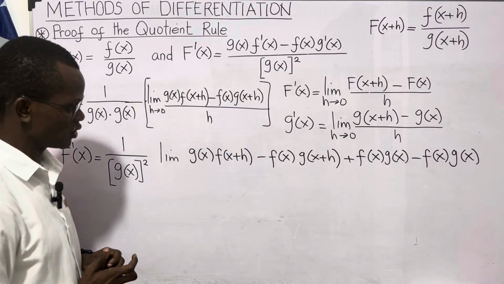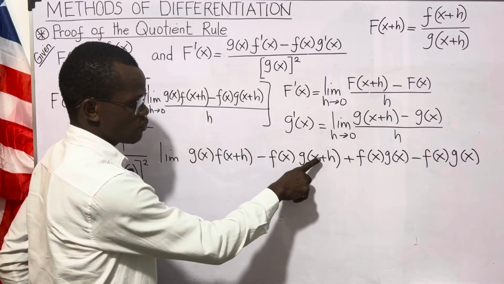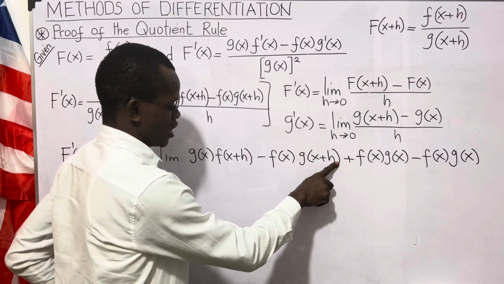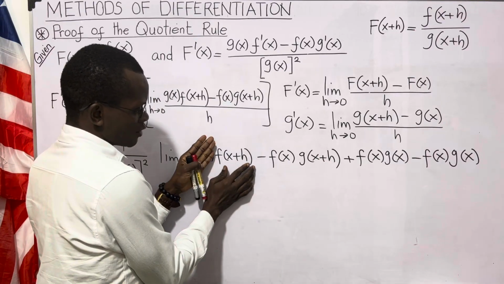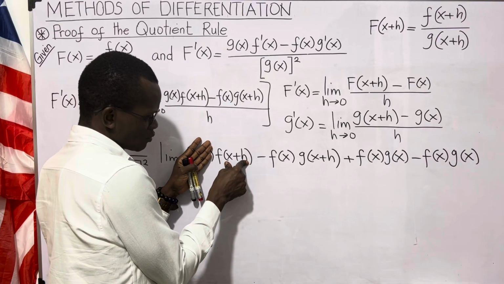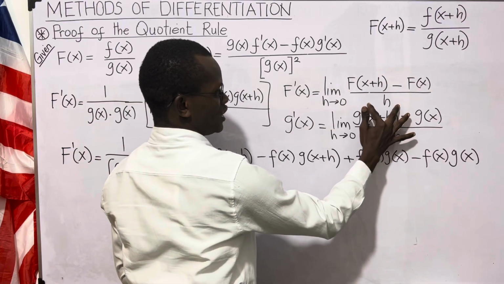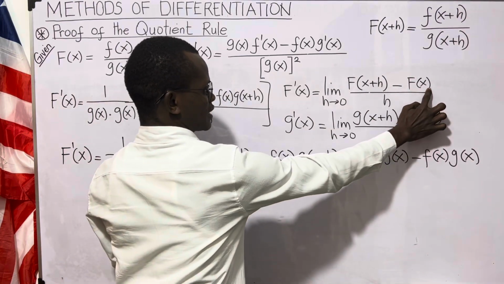The reason is because here we have f of x plus h, and here we have g of x plus h. So if this is f of x plus h, what I need attached to this f of x plus h to give me this particular definition is some f of x.